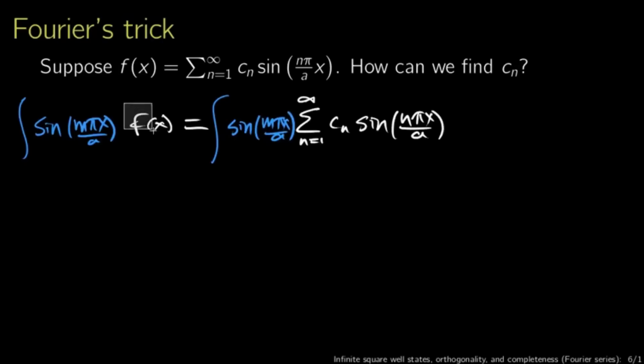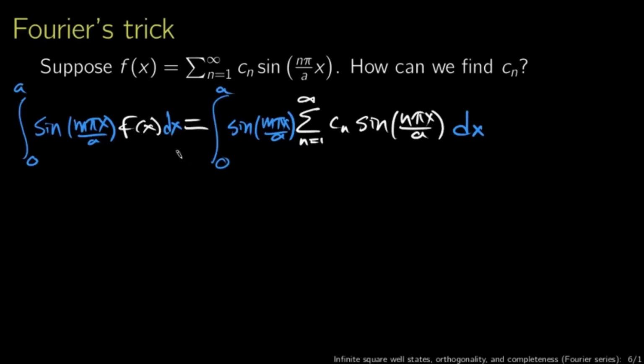These are both integrals dx. So I'm taking this original equation and multiplying it from the left by sine m pi x over a, and integrating from 0 to a dx, both sides of this equation.